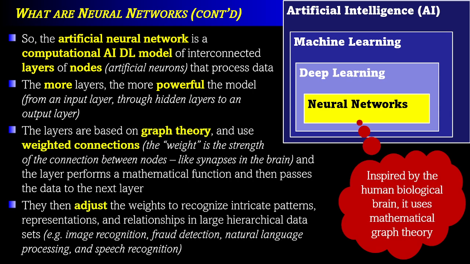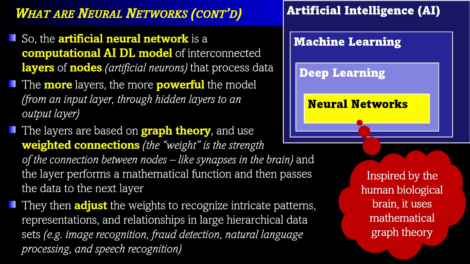Those layers are based on a lot of mathematical theories like graph theory, and they use weighted connections, where weight is the strength of the connection between the nodes, very similar to the synapse connection between neurons in the human brain. Each layer performs a mathematical function and then passes the data or the number along to the next layer.